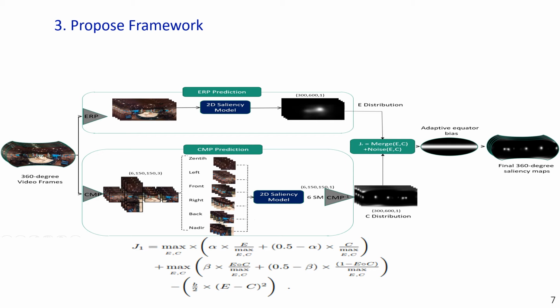Considering both equirectangular saliency maps as a series of probability distributions, we have applied a pixel-wise joint probability distribution formula consisting of 3 terms: the merge term, the noise term, and the bias term. The merge term takes advantage of the normalized information from the distribution by leveraging more the rich information than the precise information in the equirectangular saliency stream.